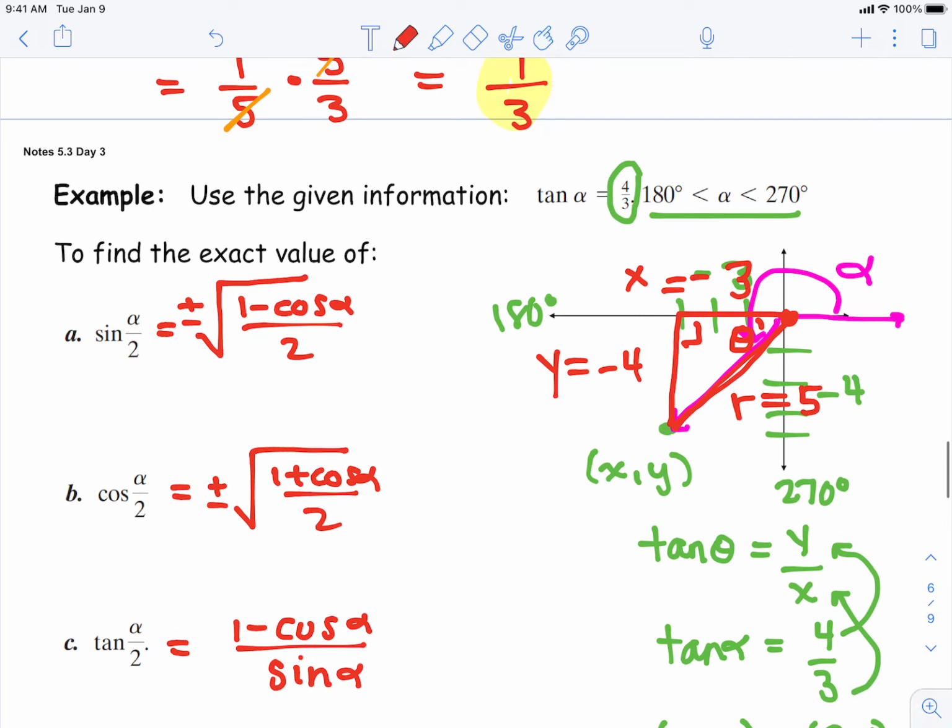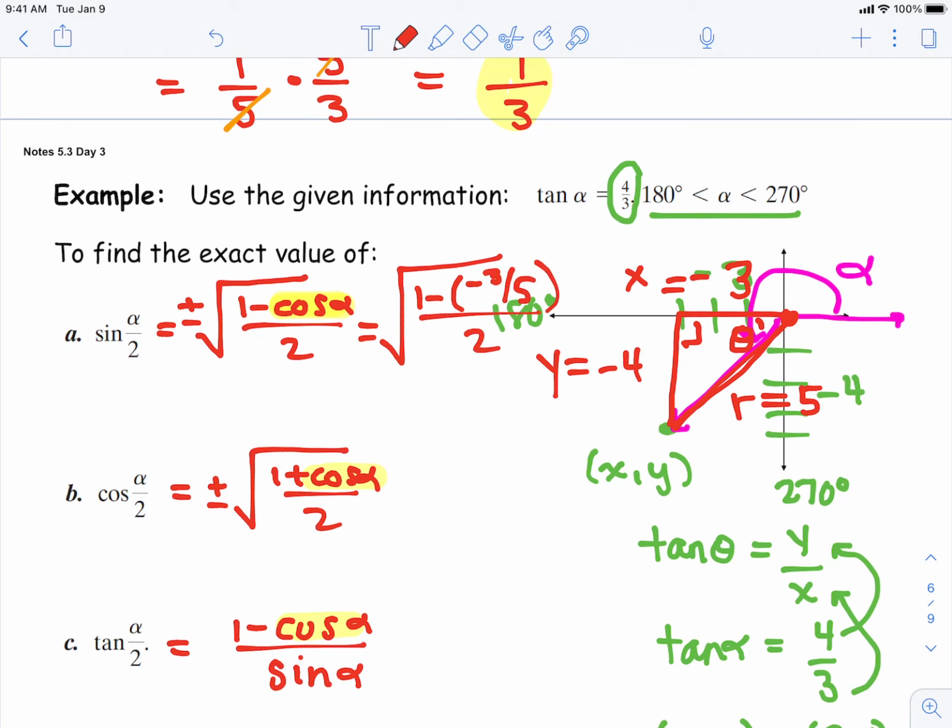All right, so let's go to part A. We're going to substitute that negative 3/5 in for the cosine and do it again here and do it again there. So here we go. So we're going to get the square root of 1 minus negative 3/5 over 2.